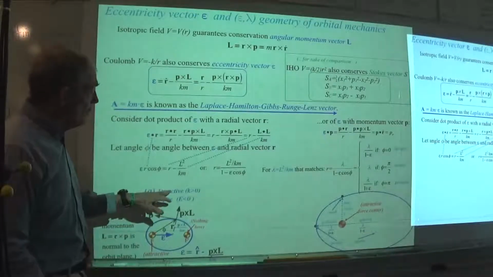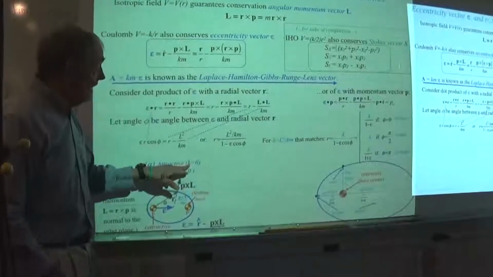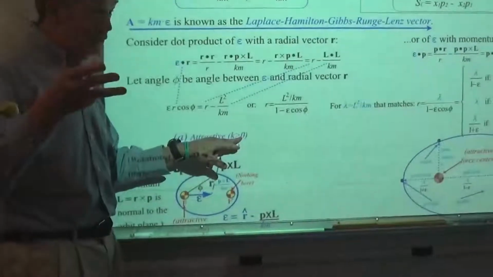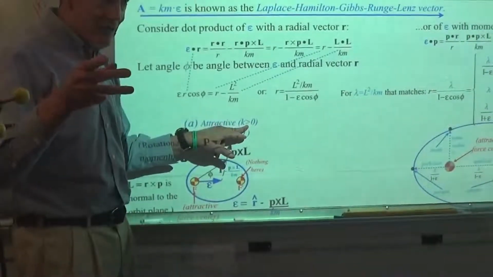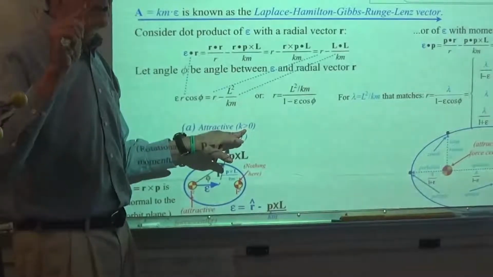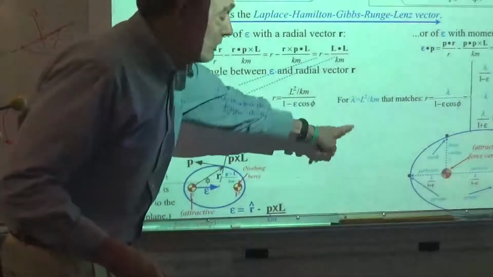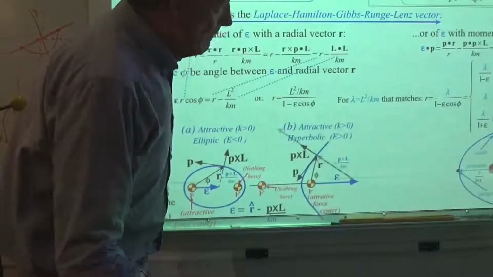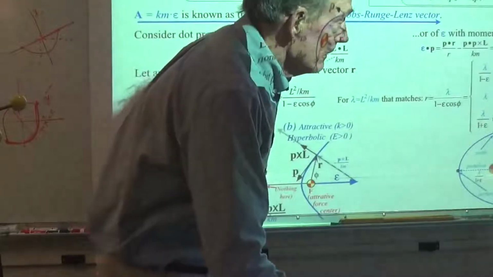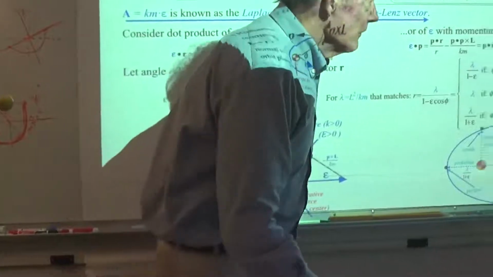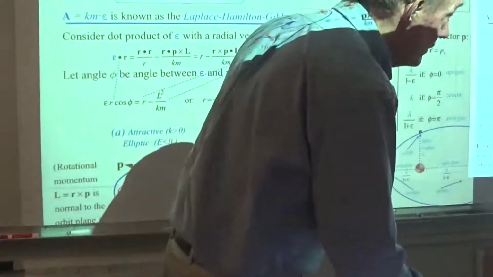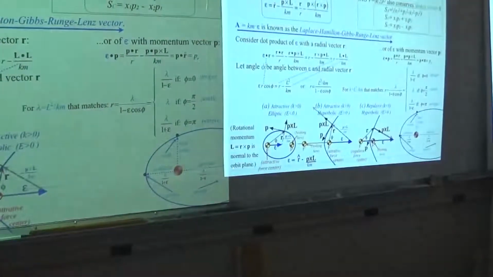If you're talking about an attractive orbit, and remember when k is greater than 0 by our convention, that's attractive because we write the potential as minus k over r. And then when we make it repulsive, which I'll put right here, let's get these things all on the screen now. There are the three cases that our orbits can be.